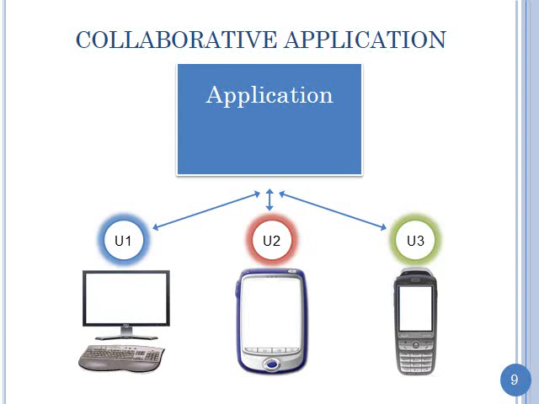So a collaborative application is an application that maybe serves as a medium for multiple devices to interact. So it allows multiple devices to interact with each other, and the devices could be mobile computers and so forth. So how would you distinguish between distributed applications and collaborative applications?